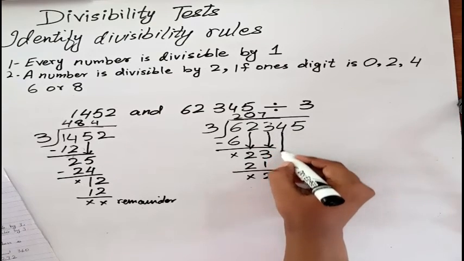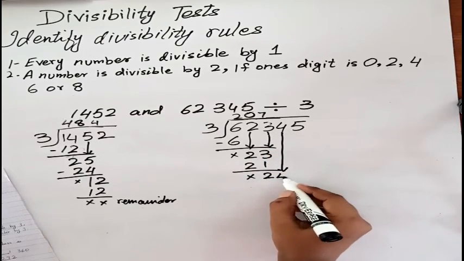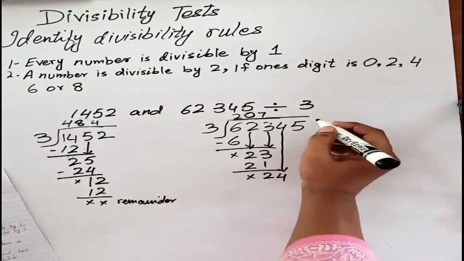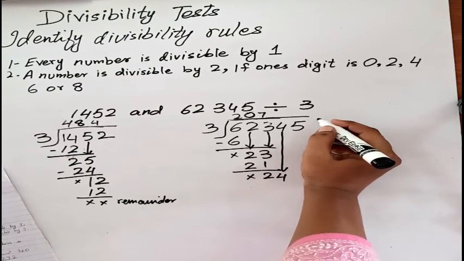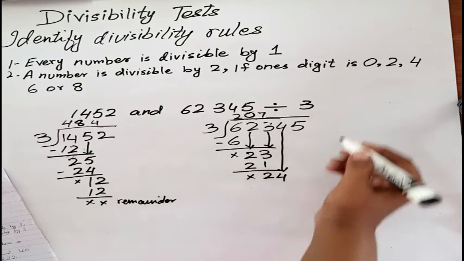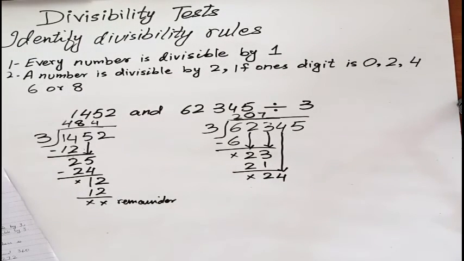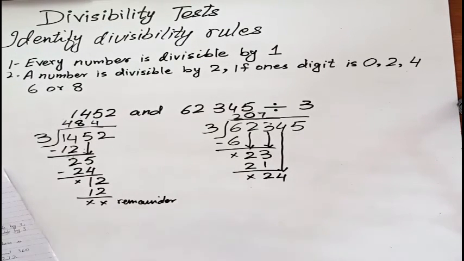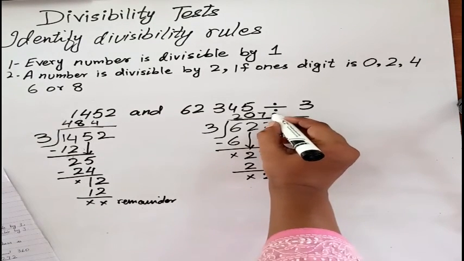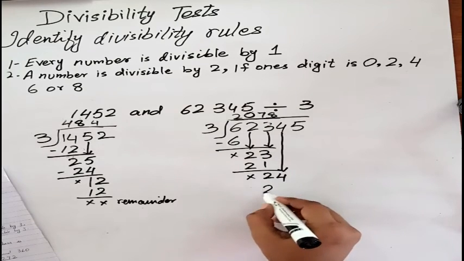So this 4 will come down. 3 8s are 24. 3 1s are 3, 3 2s are 6, 3 3s are 9, 3 4s are 12, 3 5s are 15, 3 6s are 18, 3 7s are 21, 3 8s are 24.